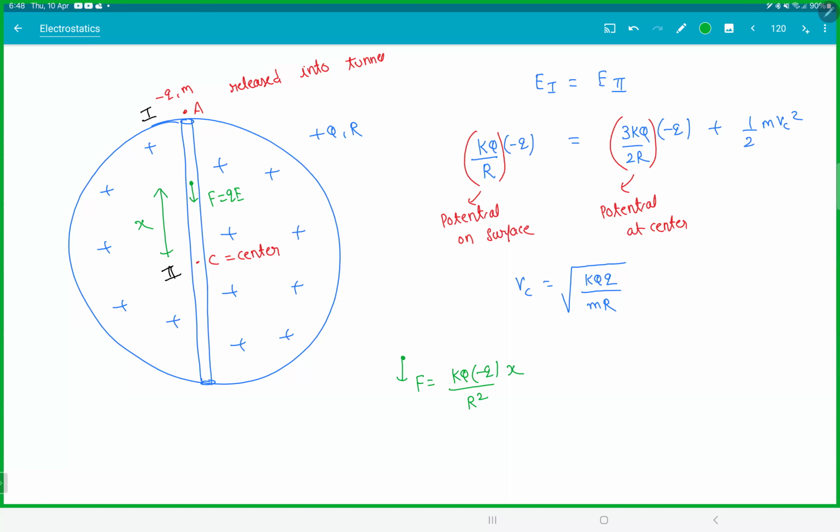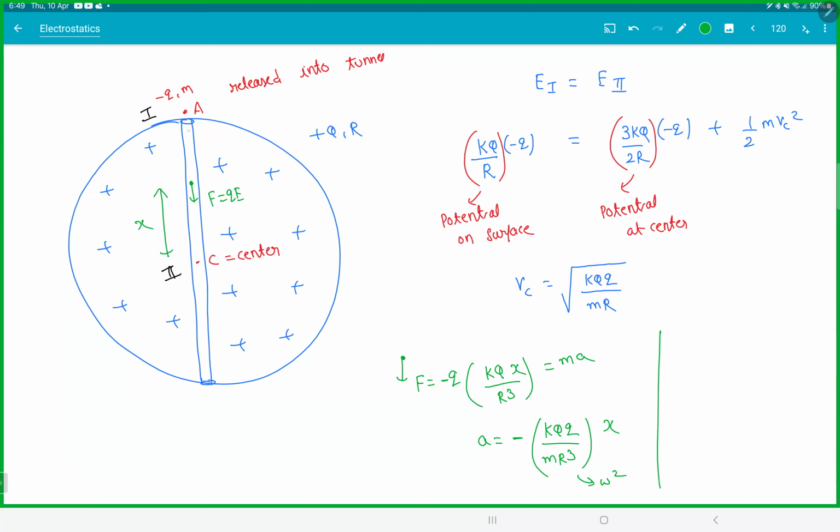Isn't that the field? Right, field is, let me write like this, q into field will be kqx by r cube. This is equal to mass into acceleration. Acceleration is equal to minus kq by mr cube into x. There, your favorite thing is back. This is your omega square.